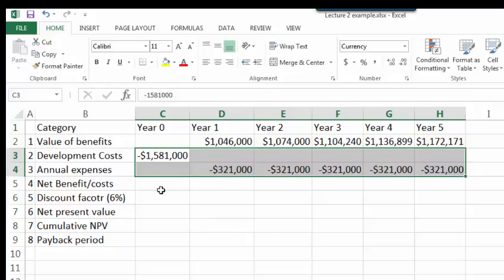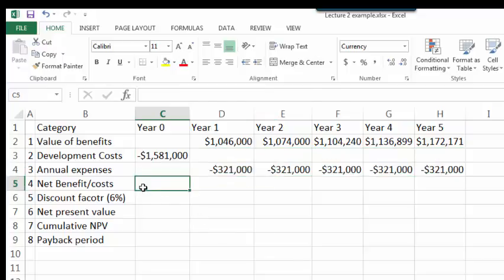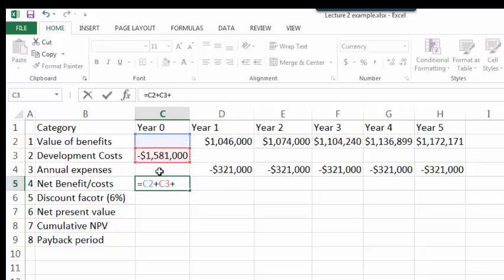Okay, after that, you calculate the net benefit cost. Generally, it is just the three cells added together. So for this one, equals this plus this plus this.